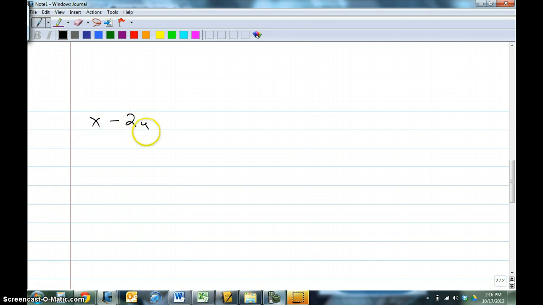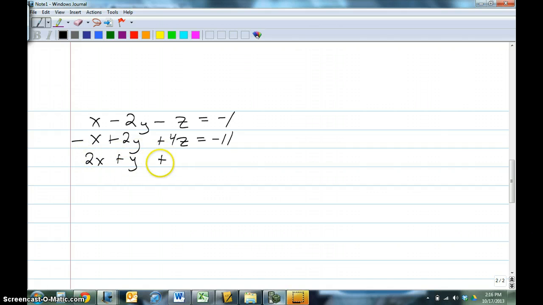x minus 2y minus z equals negative 1. Negative x plus 2y plus 4z equals negative 11. 2x plus y plus z equals 1. So this is a 3 by 3 system.